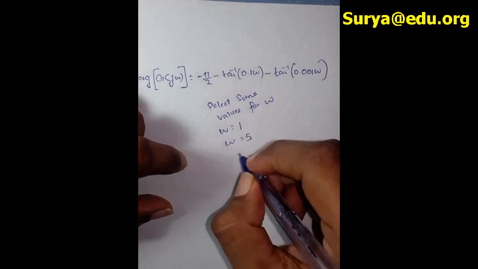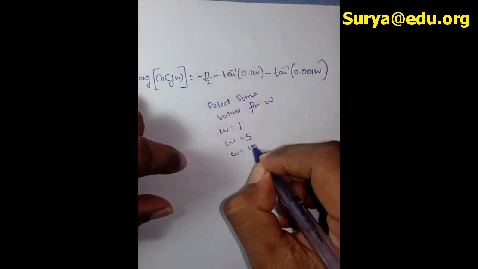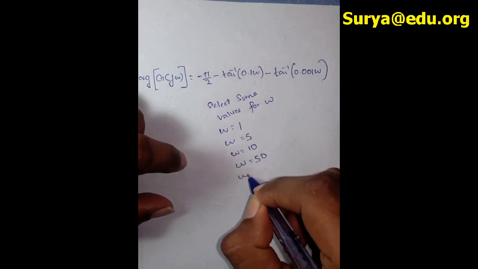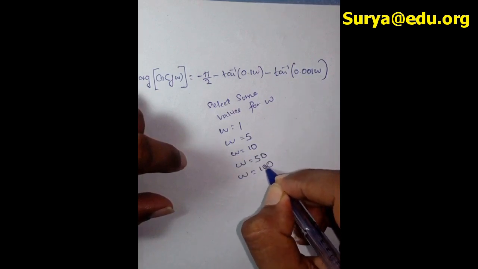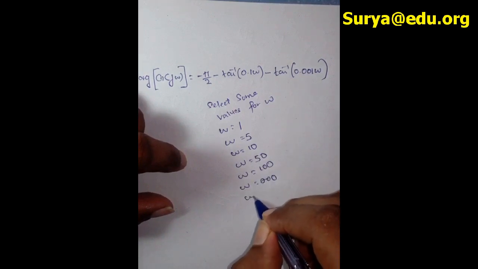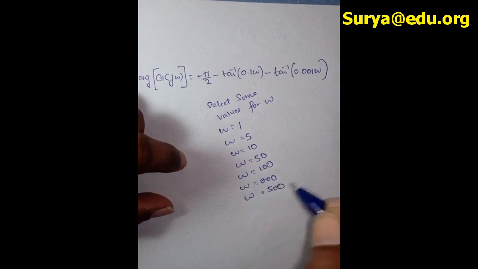Then omega equals 10, omega equals 50, omega equals 100, omega equals 200, and finally omega equals 500.